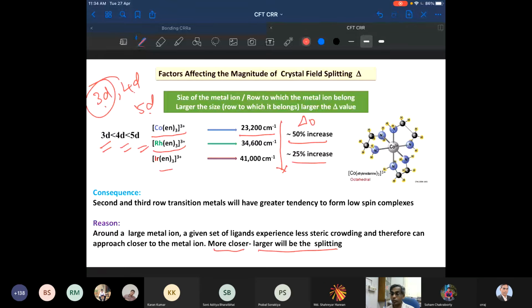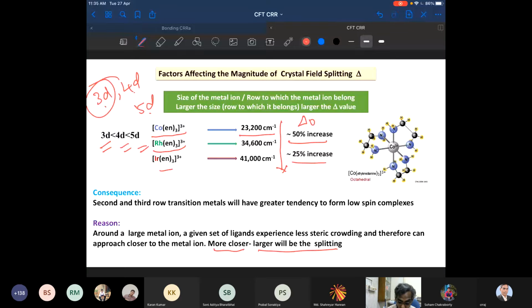Those who will be studying chemistry will study this more when you go to the 4d series and 5d series. When you talk about the lanthanides and actinides, you will study more on that. The metal size is too big. As a result, we not only talk about 6 coordination, we talk about 8 coordination, 10 coordination, 12 coordination.